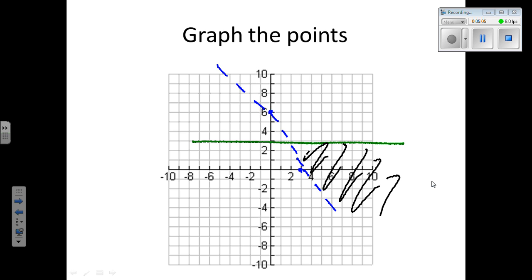My shaded portion is where the two regions overlap, and that portion is my solution set. I went below and not above the green line because my answer is less than or equal to 3. So therefore I have to go below the line.